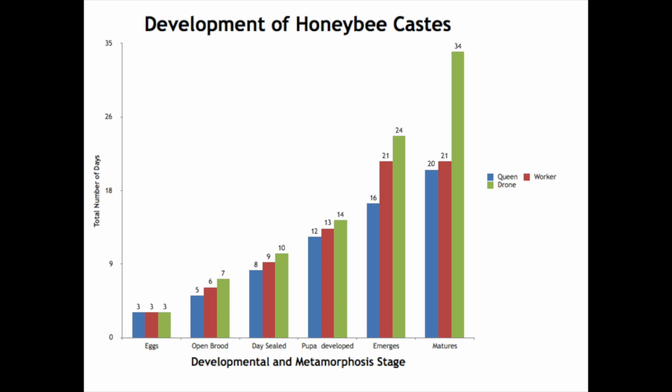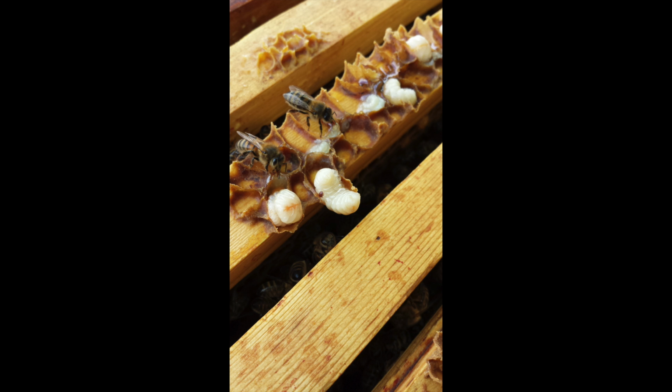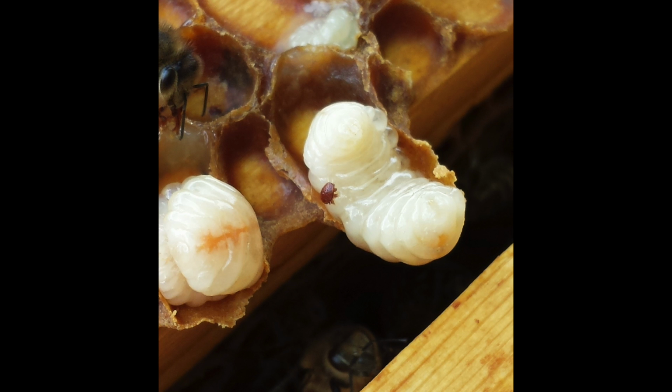So the Varroa will preferentially select the drone cells over the worker cells because they can spend longer time reproducing and maturing within that cell until the drone emerges, and then the adult Varroa can come out of the cell and go off, find another cell, mate, and so the whole process continues.